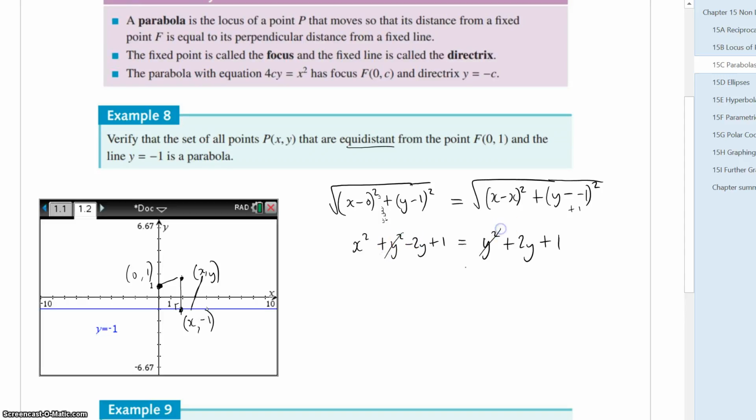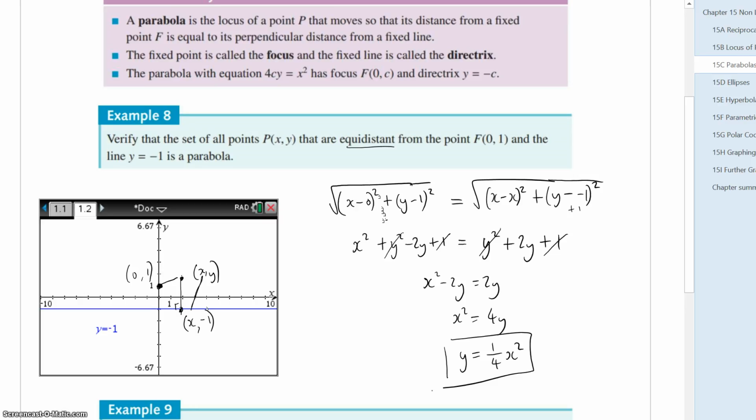Y squared and y squared on each side, that means we can cancel them out. Plus 1 and plus 1, we can cancel those out as well. And all I've got left is x squared minus 2y equals 2y. Add 2y to both sides, I get 4y equals x squared, and that means that I've got y equals 1/4 x squared. And that, friends, is a parabola.